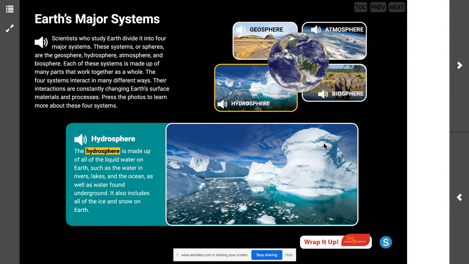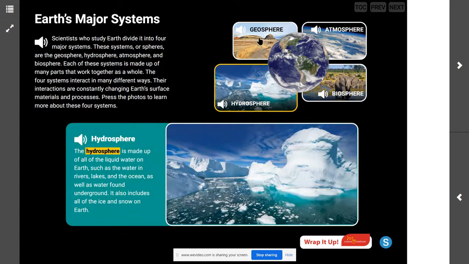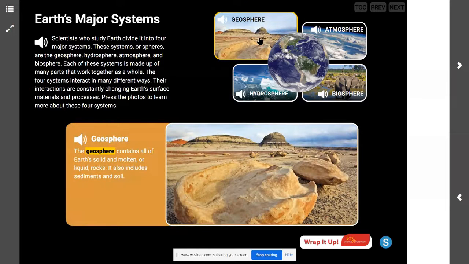Those are solid features. What liquid features are found in the geosphere and the hydrosphere? In the hydrosphere, it's going to be all of the water. That's going to be your liquid. And in the geosphere, that molten or liquid rock is going to be in the geosphere. So we have liquid things in both the hydrosphere and the geosphere.